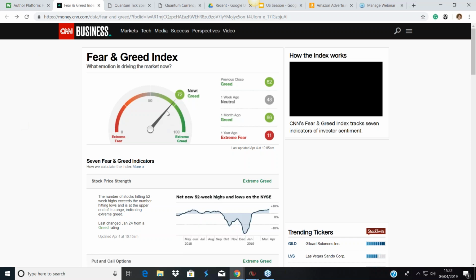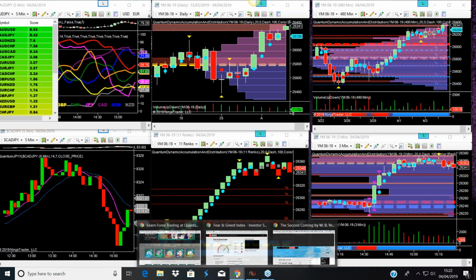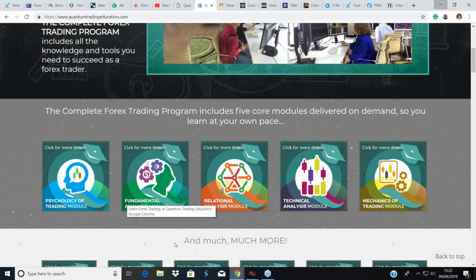Before I refreshed it, it was at 62, and now it's moved to 72, because at the open, the indices have climbed higher. It's just a way of trying to decide what market sentiment is at the moment, and it certainly seems to be a risk on. In other words, traders are happy to take on more risk.